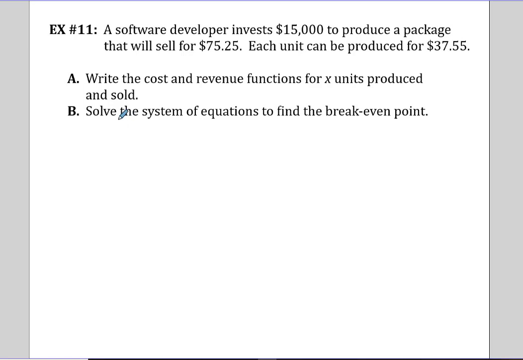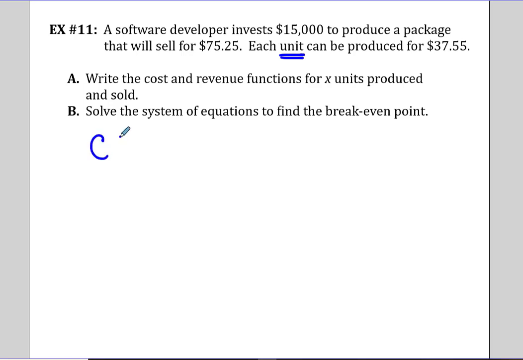So let's say we have a software developer and they invest $15,000 to produce a package, but they're going to sell that software for $75.25 a piece, and it costs $37.55 for every piece of software that they create.